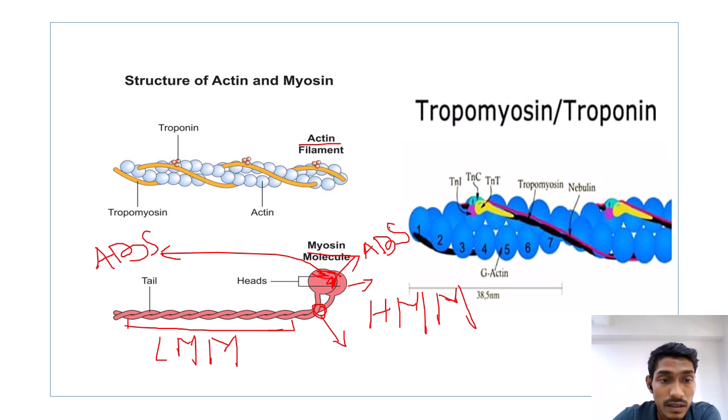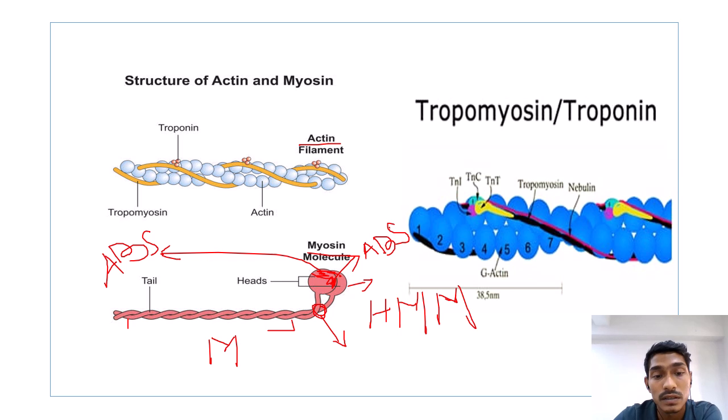Sorry, I made a mistake. This is not ABS. Oh, this is ABS. Sorry. So two things are present on the head: the actin binding site and the ATP binding site. Okay, clear? I think.